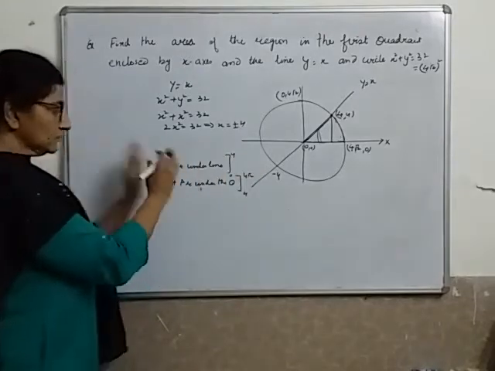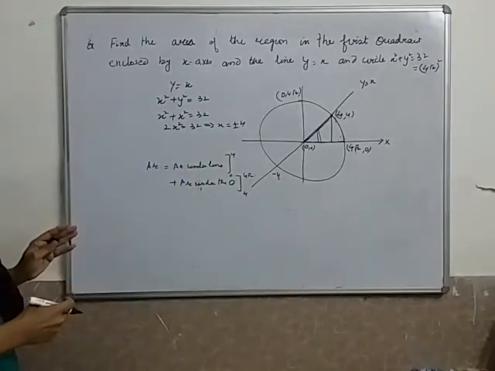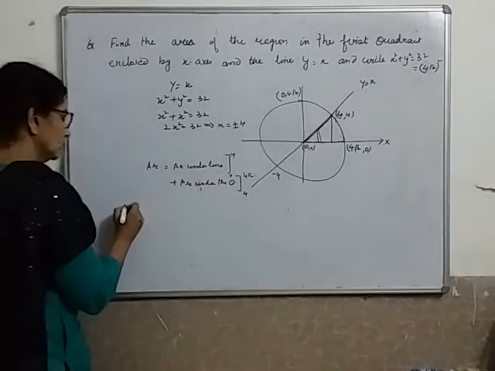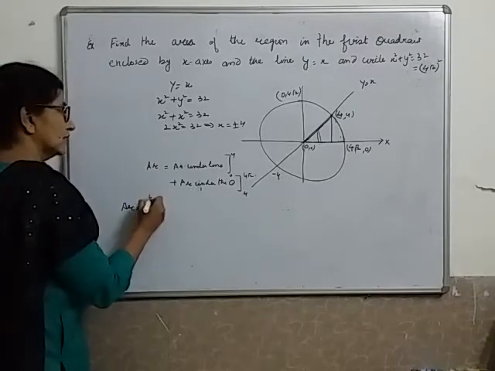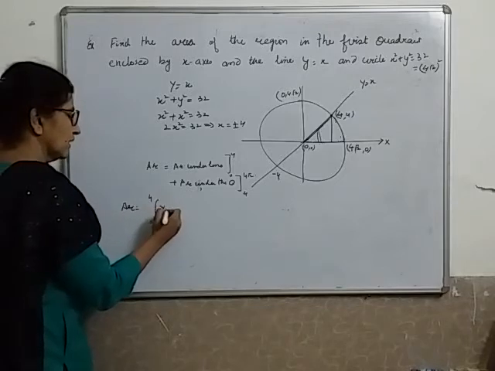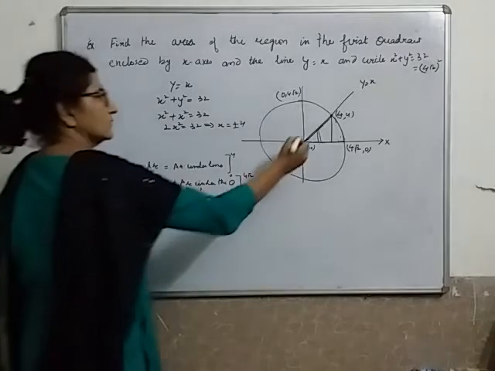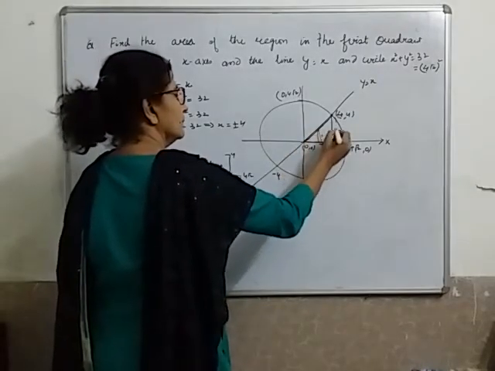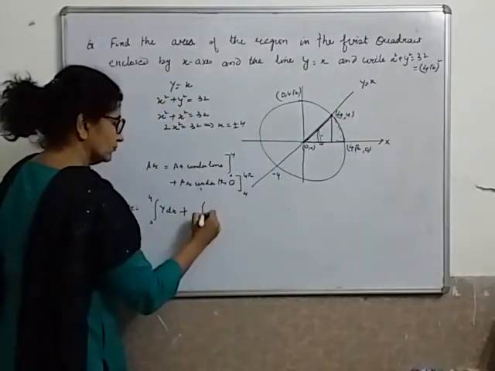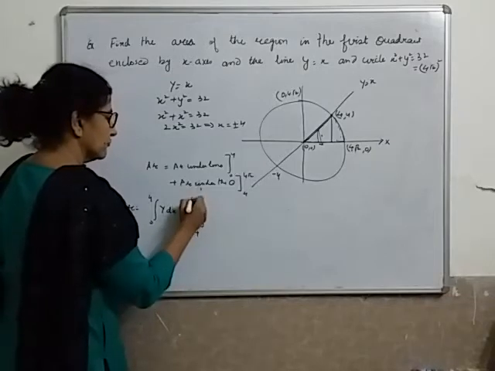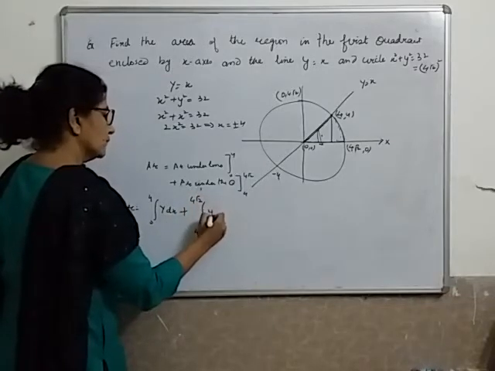This I have written like this for understanding. Okay, fine. So now the required area is 0 to 4 under the line, so that is y into dx. If I take over here, this is my dx, this is y. Over here, if I take a small step, it will be again y dx, but the limits will change this time. It will be 4 to 4 root 2 y dx.